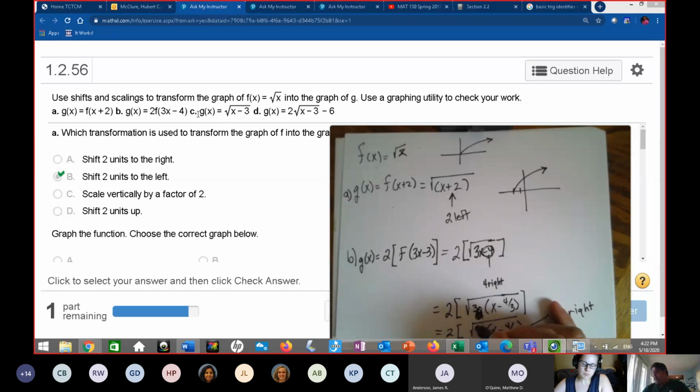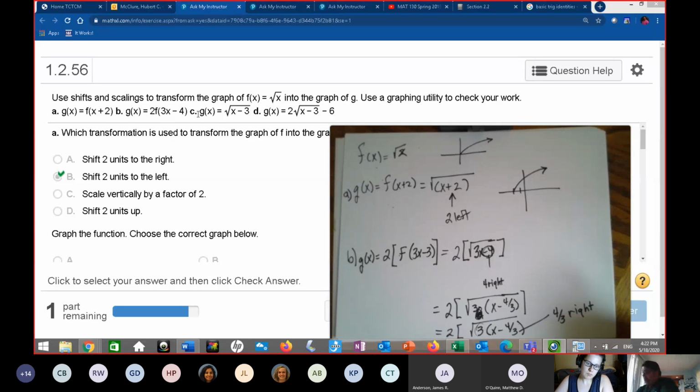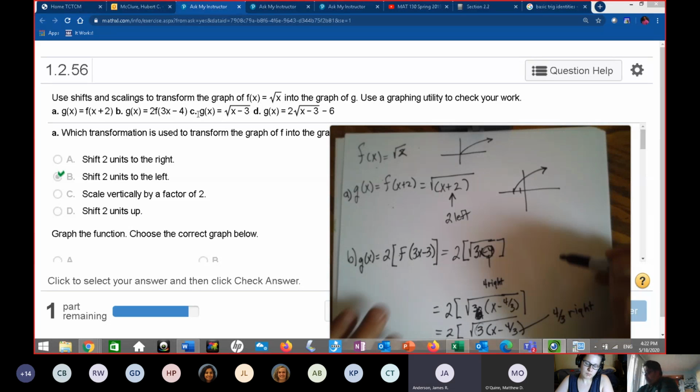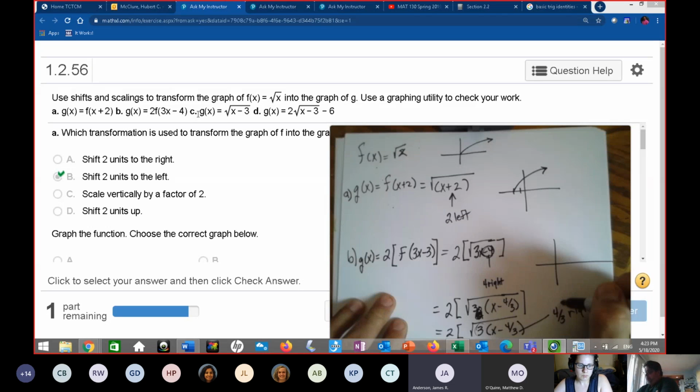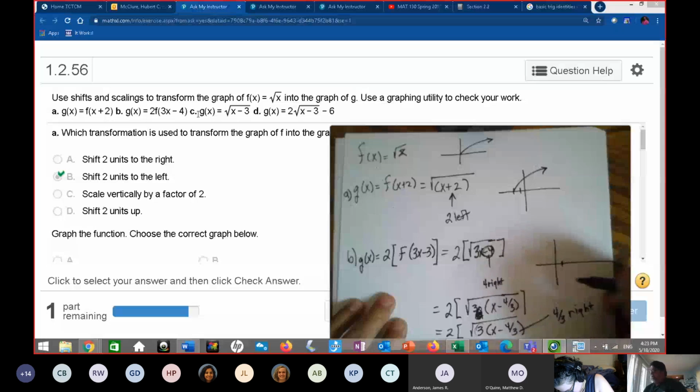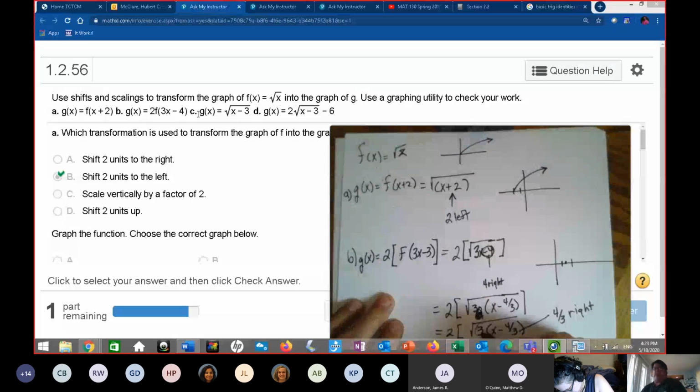So you're going to be skinny, so it's going to be compressed. Is it going to compress it twice? Once for the 3 and then once for the 2? Yep. So that's 4/3, what, 1 1/3. So that's going to be right here, and it's going to compress it with the 3 and compress it. So it's going to look something like that. I mean, it's going to be compressed.